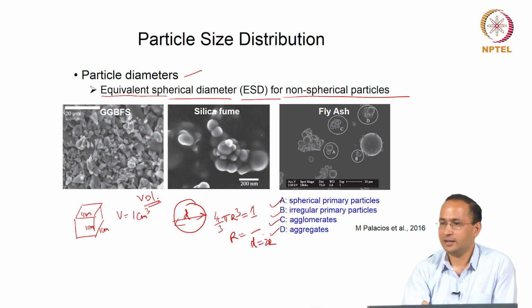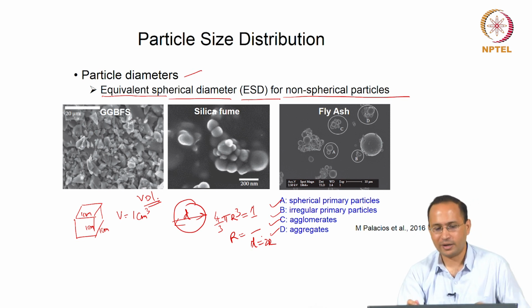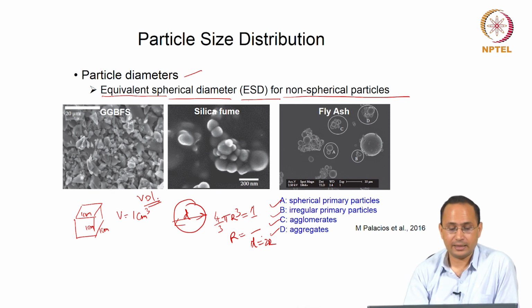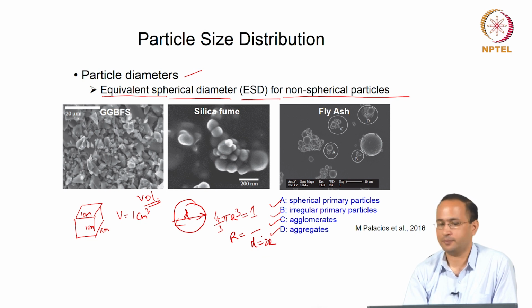So, you can say that a sphere of this size will have equal volume as the cube. That is a convenient way of expressing the diameter. So, this is on the volume basis. We will come back to it, but you will often encounter this terminology, equivalent surface spherical diameter.